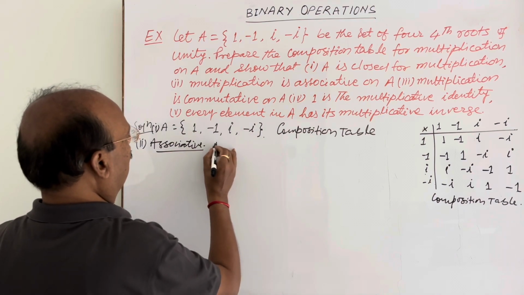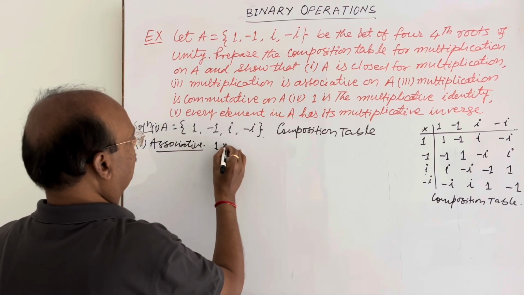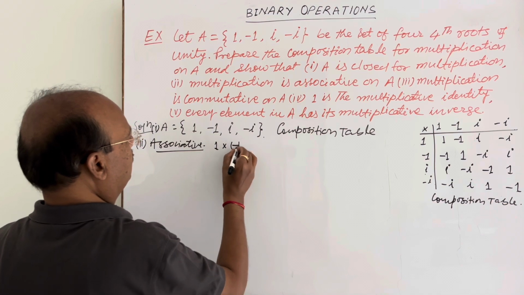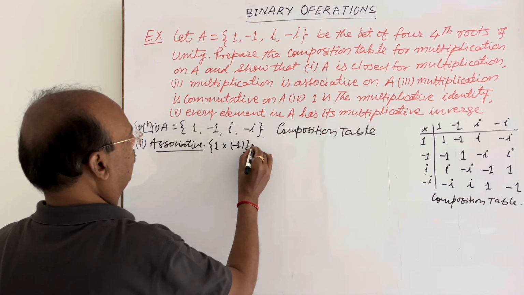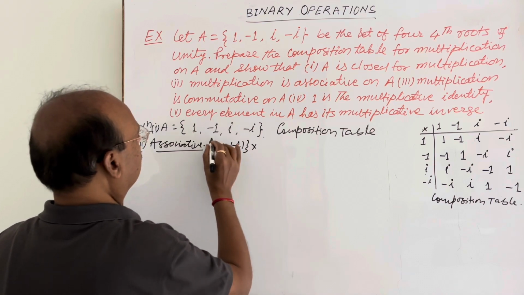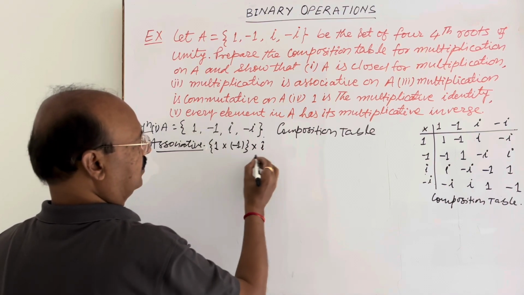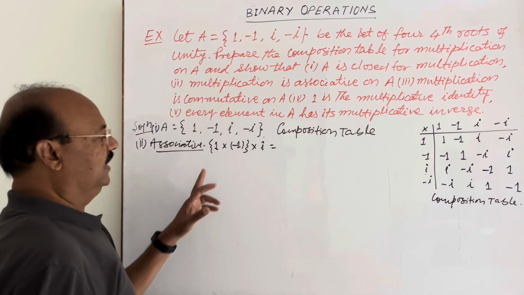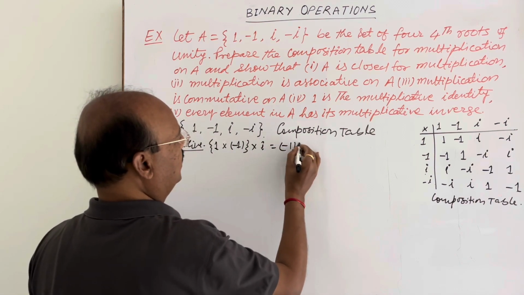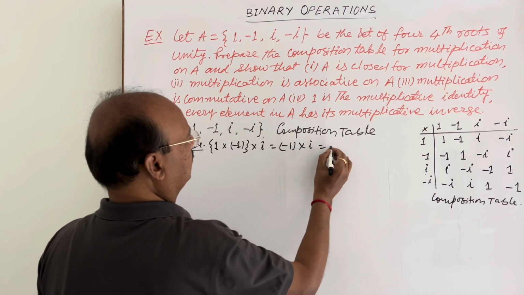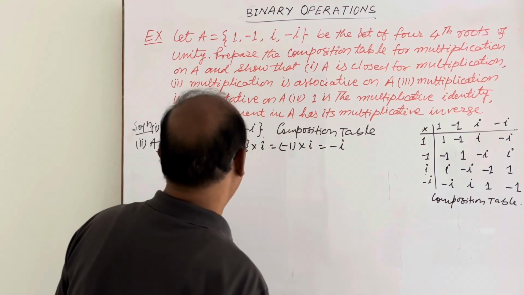So (1 into minus 1) into i is equal to, 1 into minus 1 is minus 1, so this is minus 1 into i, and this is equal to minus i.